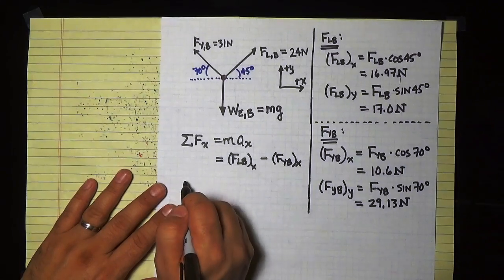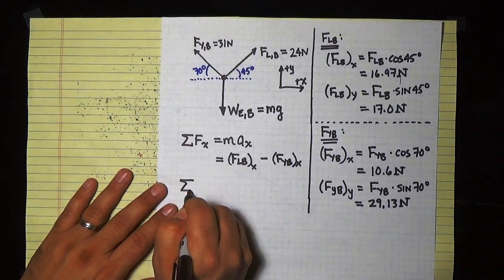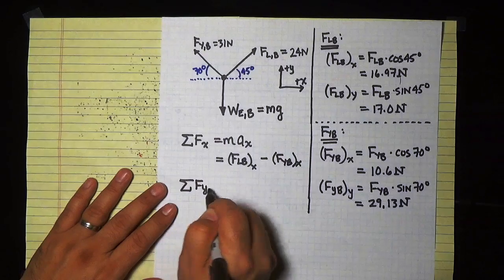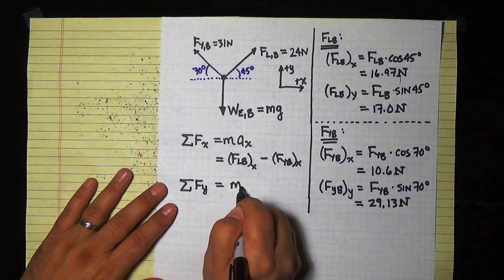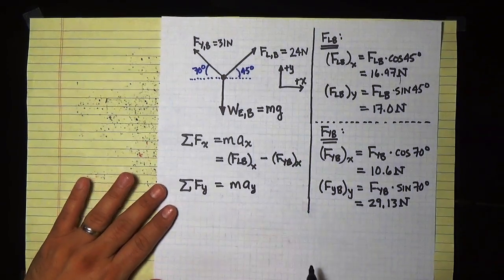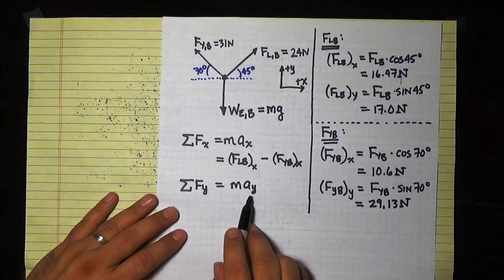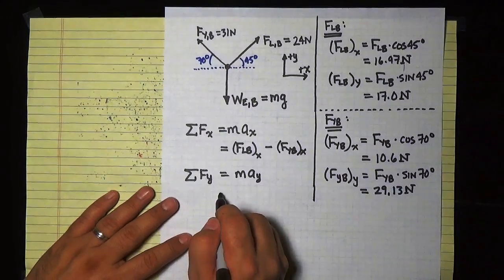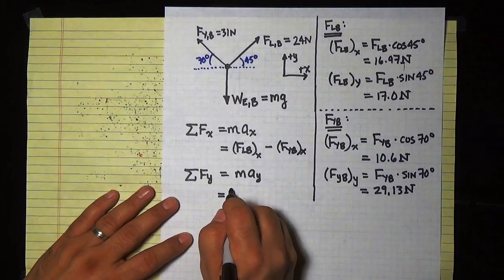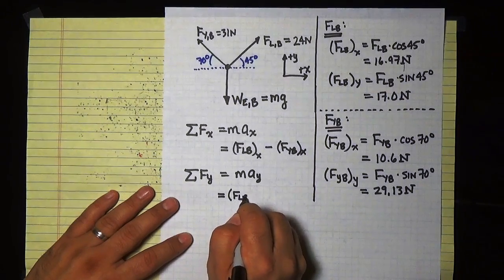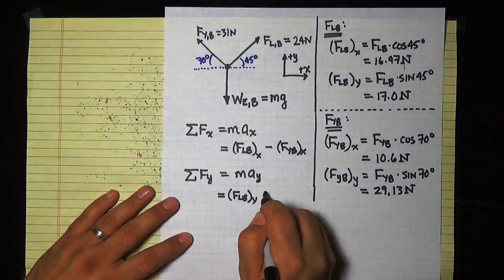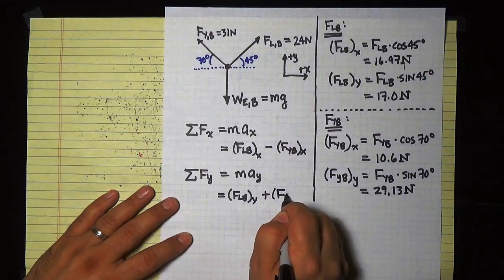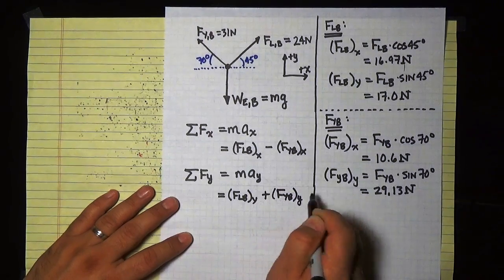Okay? And similarly, I can write the sum of the forces in the y direction. That's equal to the mass of the bucket times the acceleration in the y direction. Again, unknown, something that we need to figure out. And this is equal to the force that I exert on the bucket in the y direction plus the force that you exert on the bucket in the y direction.